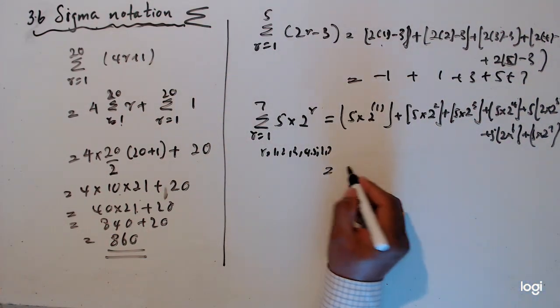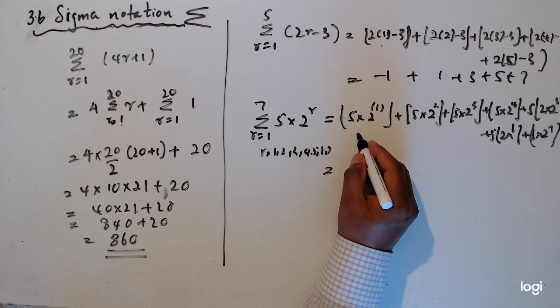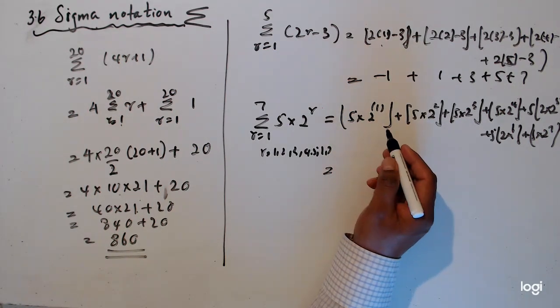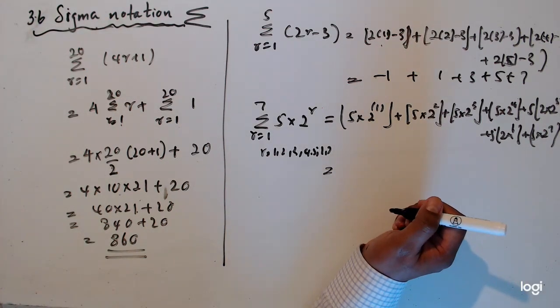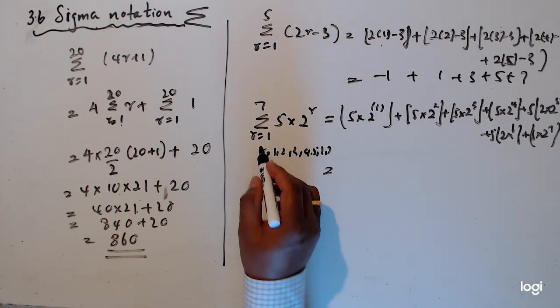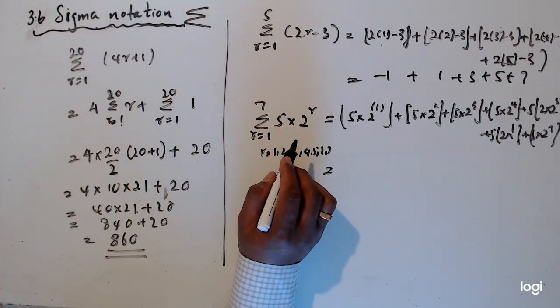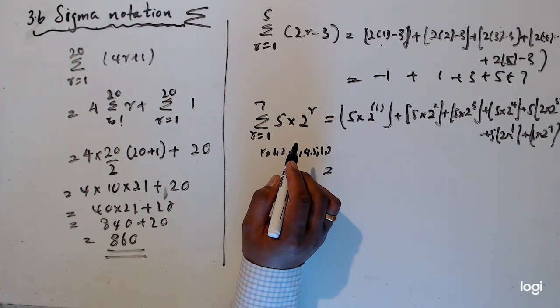So when you simplify, you will see it is okay. I think in the book it is not 1 to 7, it goes 3 to 7.